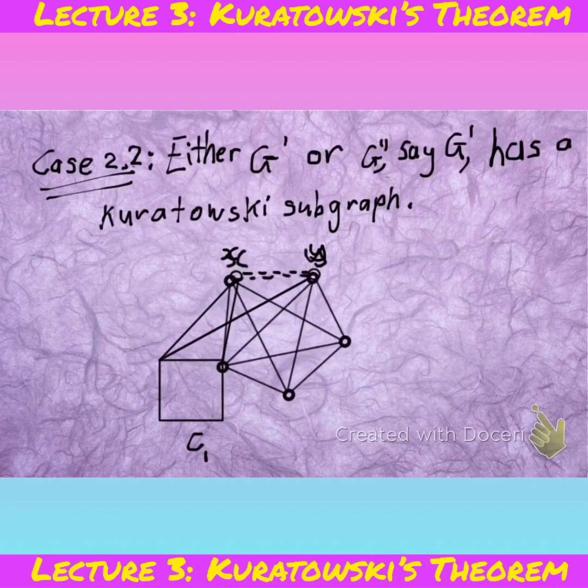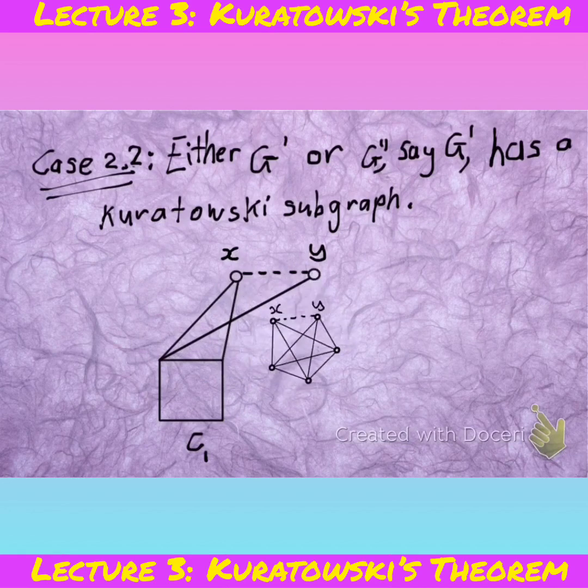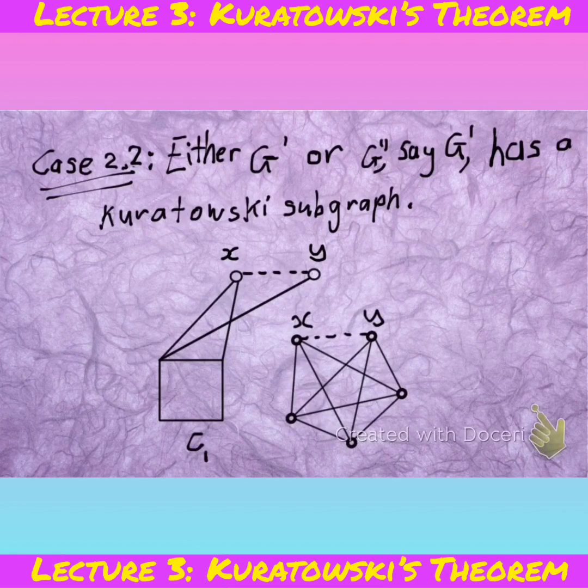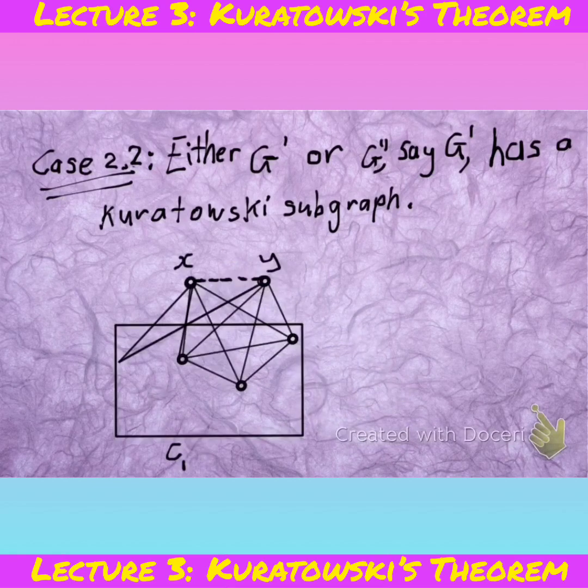Okay, so that's what my graph looks like. There's a hypothetical sketch for this particular graph G prime. It has that hypothetical Kuratowski subgraph, and the edge XY must be an edge on this Kuratowski subgraph.